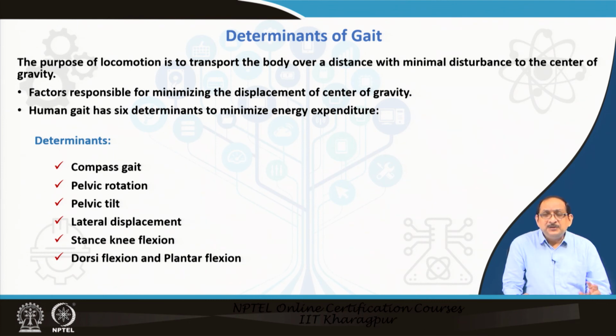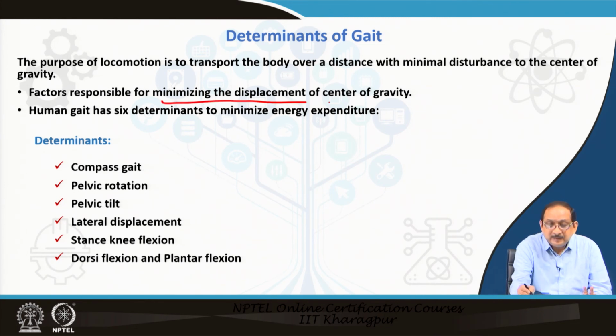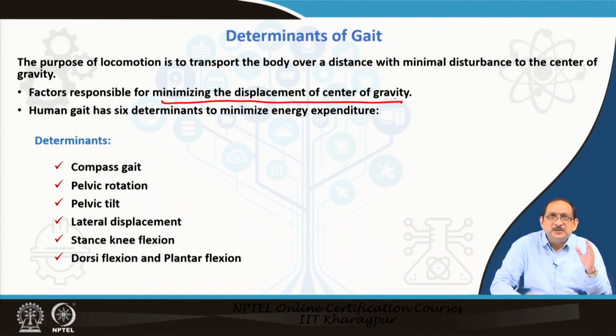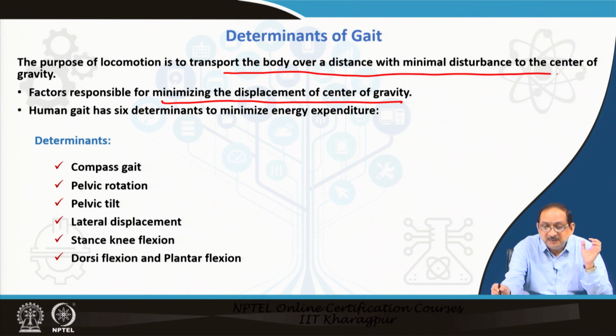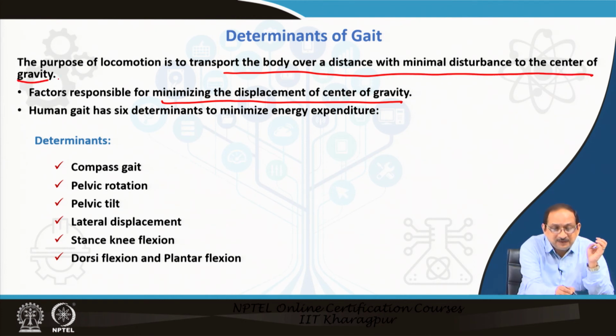Now, the determinants of the gait cycle are the factors responsible for minimizing the displacement of the center of gravity. Now, the purpose of the whole locomotion is to transport the body over a distance with minimal disturbance of the center of gravity.